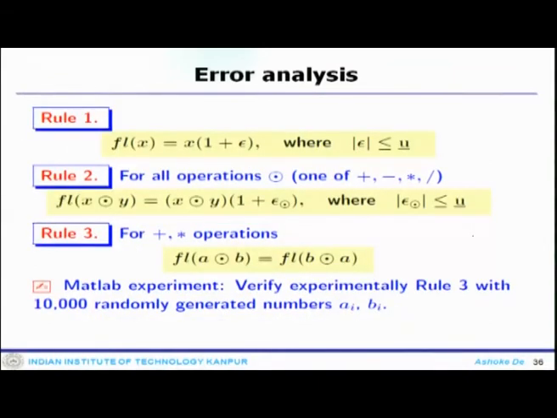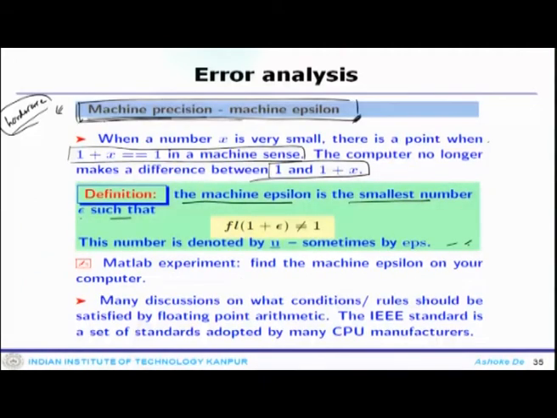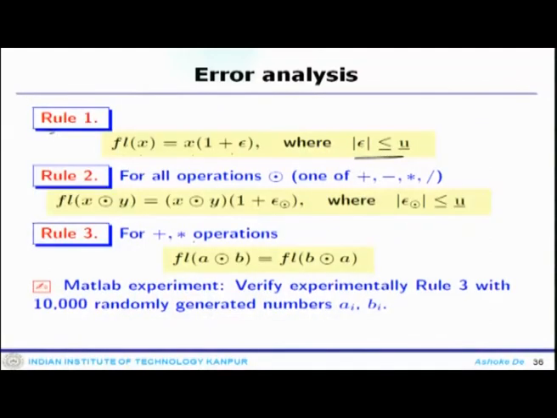So, once you talk about the errors which are associated with the machine precision, you have certain rules to follow. Rule number 1 says FL(x) equals x into (1 plus epsilon), where epsilon is going to be very small. Here u, sometimes epsilon, is the number. Okay.